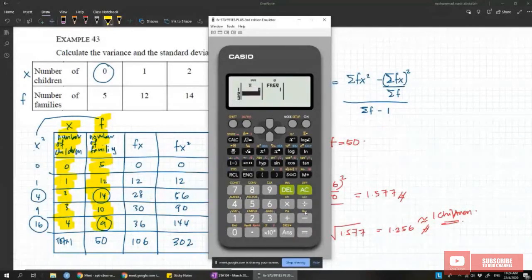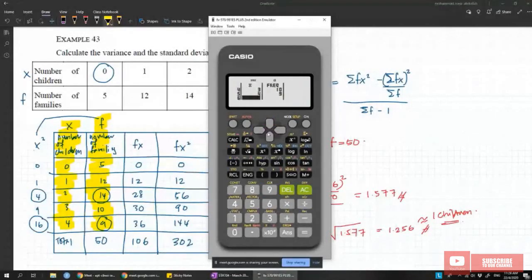So next thing is you need to input the values. For X equal to 0, frequency equal to 5, right. So now you key in everything. This is 1, 2, 3 and 4. The frequencies are 5, then 12, then 14, then 10, and the last one is 9.